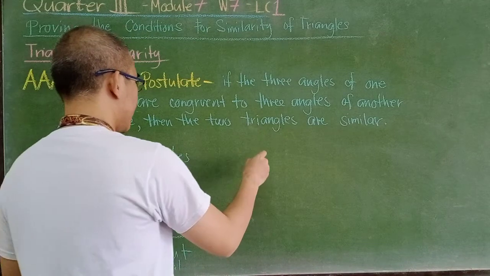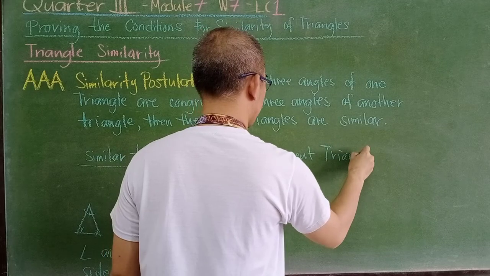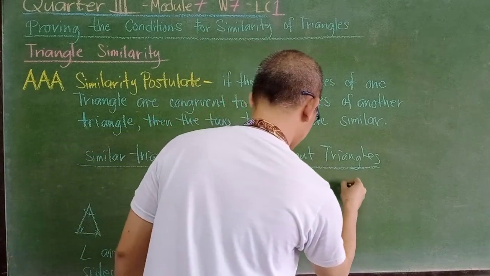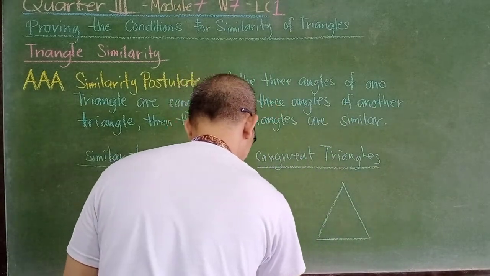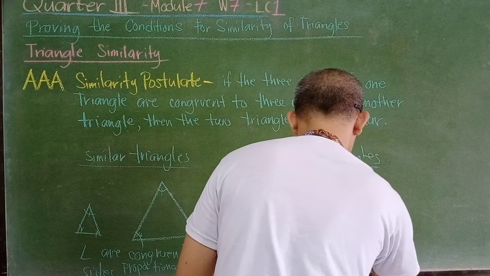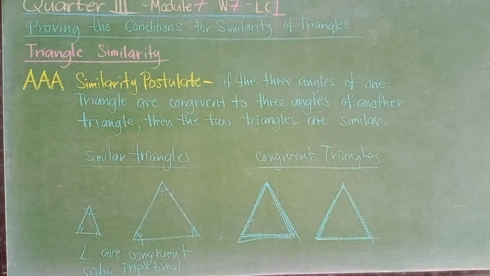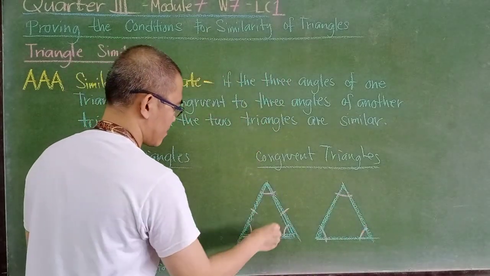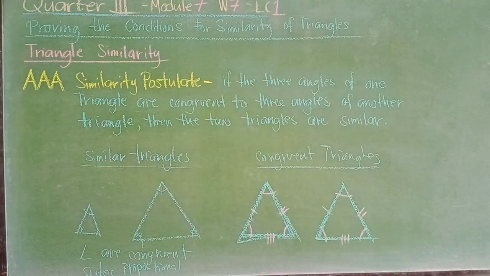Sa mga congruent triangles, halimbawa, sa congruent triangles, yung mga angles parehas sa sukat, yung mga corresponding sides parehas din yung sukat or congruent.